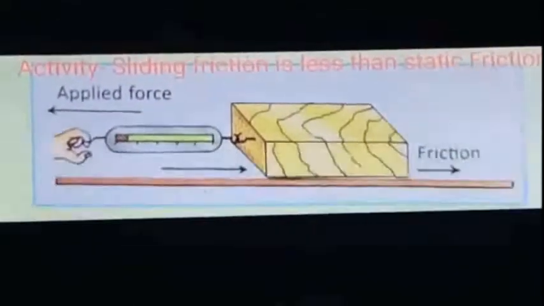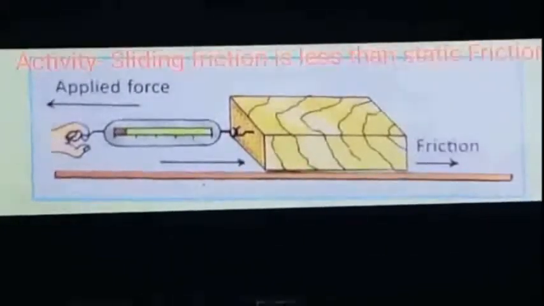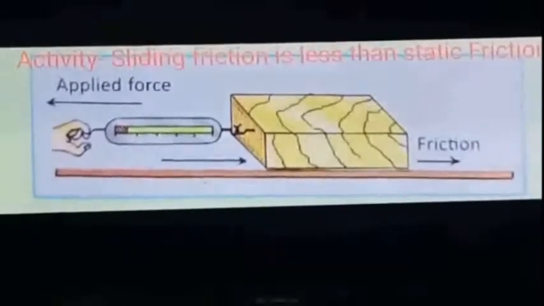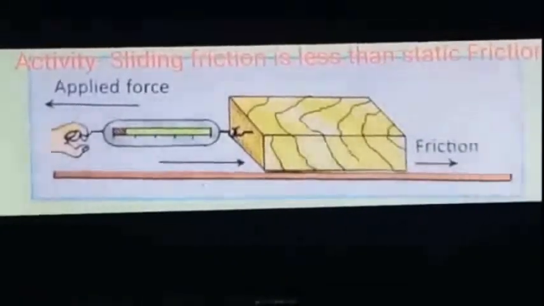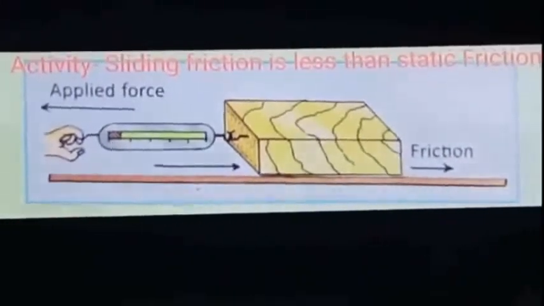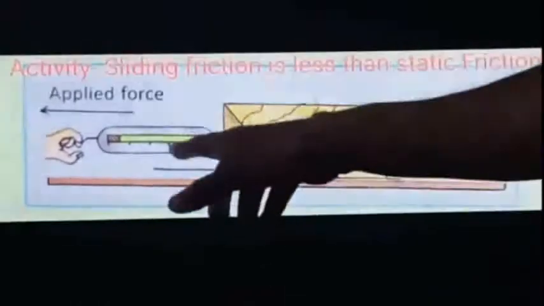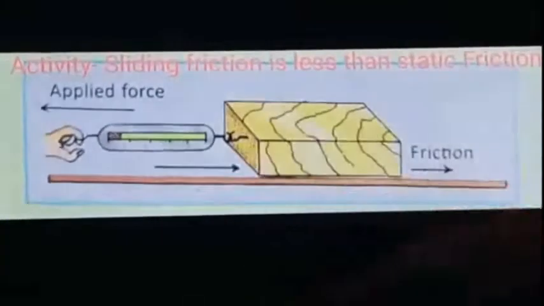Now we again discuss the activity which we already discussed, that friction is increased by increasing the weight of the moving object. Now this activity shows that sliding friction is less than the static friction. For it, we take a wooden block and one spring balance. The wooden block is placed on the floor.